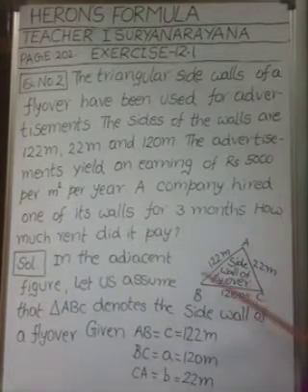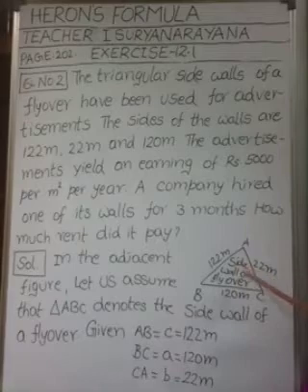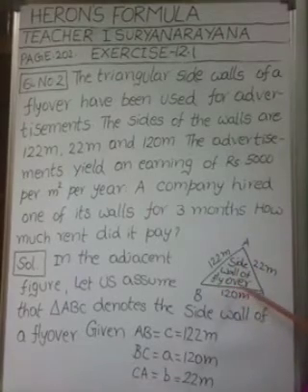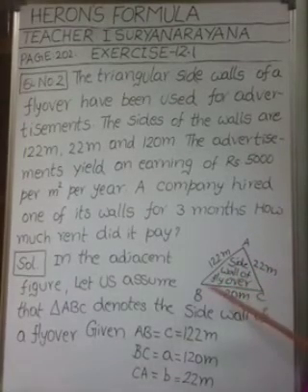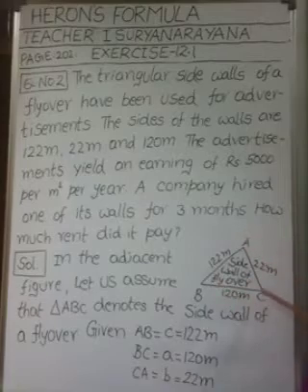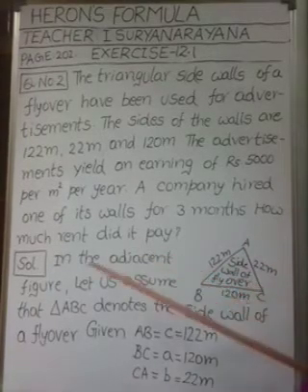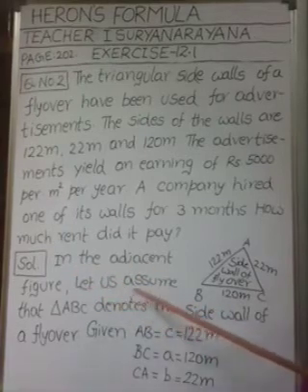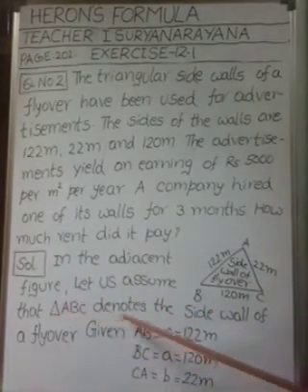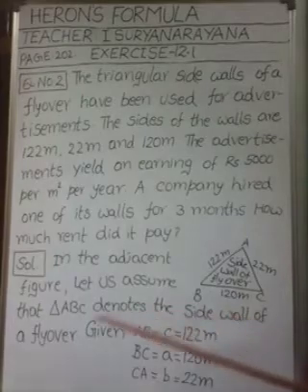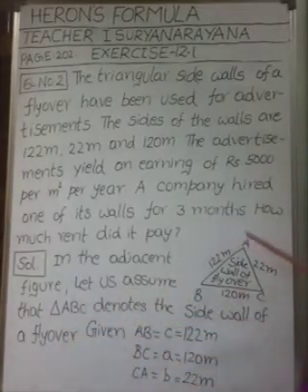First, I have drawn a rough diagram. Side wall of flyover. Let us consider this triangle ABC denotes the side wall of flyover. In the adjacent figure, let us assume that triangle ABC denotes the side wall of a flyover.